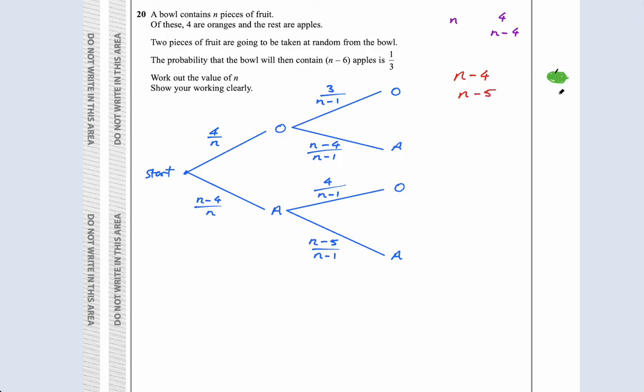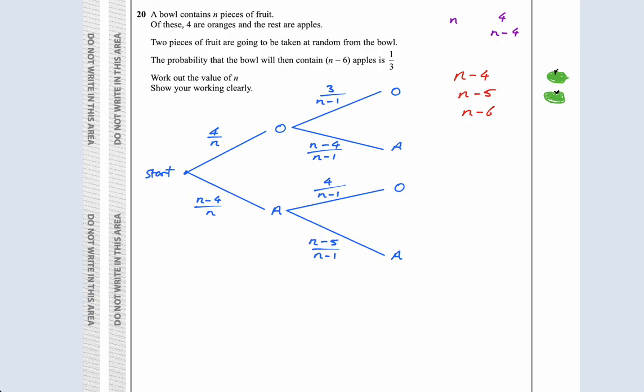What if you eat another one? I really need to learn how to draw apples. If I eat another apple, that one's maybe a bit better. How many do I have left? Well, now it's n minus 6, because I'm subtracting 2. So I've eaten 2 apples. That's the only way I can get to n minus 6.